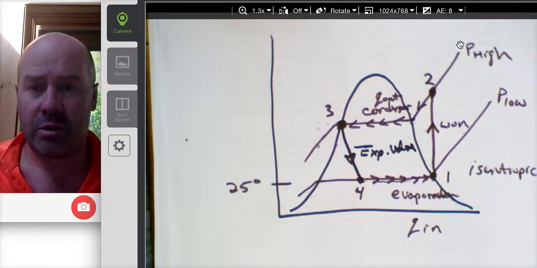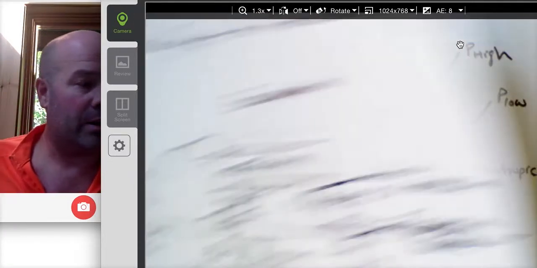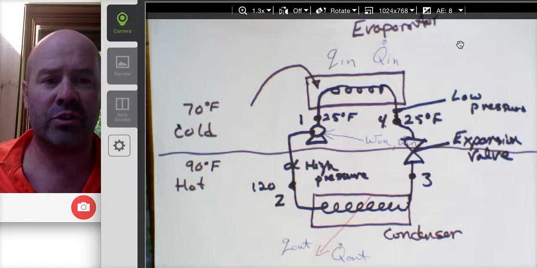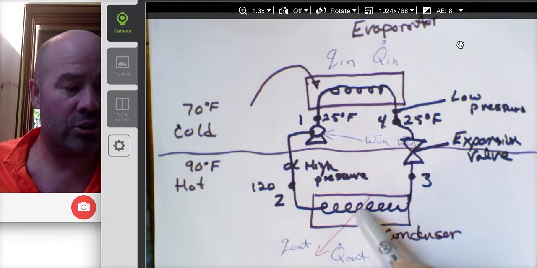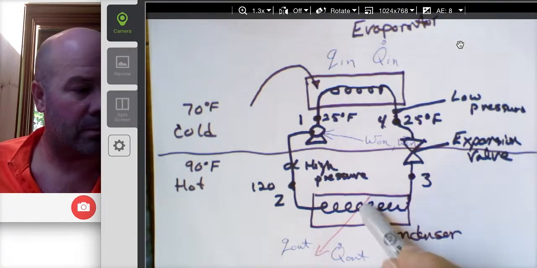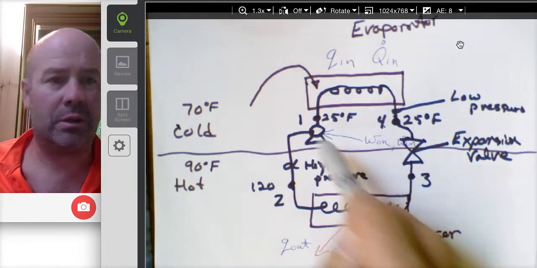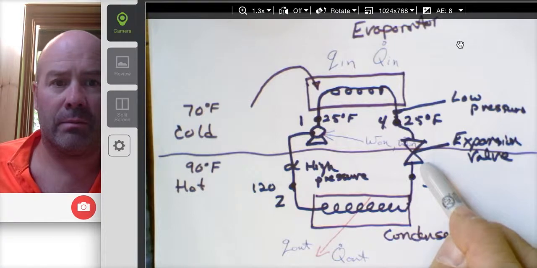So there it is. We have now identified the 4 processes in an air conditioning or refrigeration cycle: a condenser, an evaporator, a compressor, and an expansion valve.